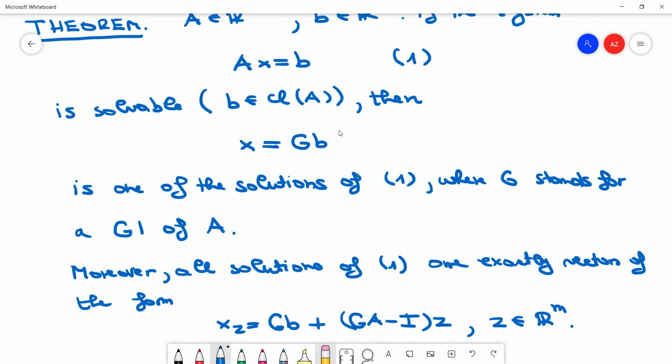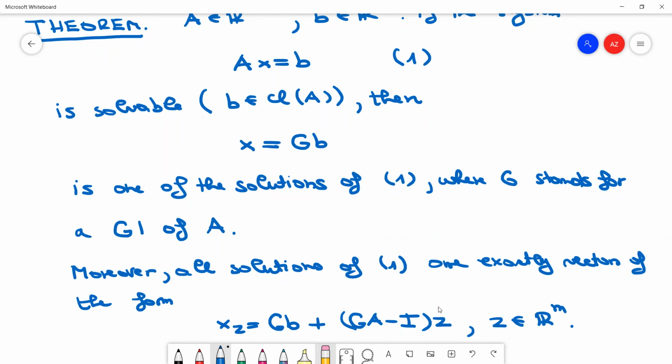So one of the solutions is this Gb, while all solutions are Gb plus (GA minus identity) z, where z varies over any m-tuple of real numbers. Where did we get the GA minus identity from?